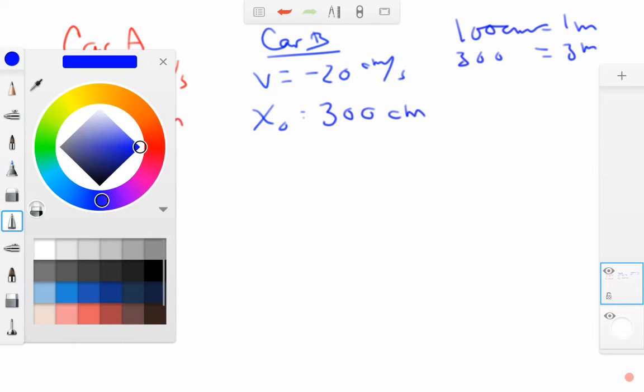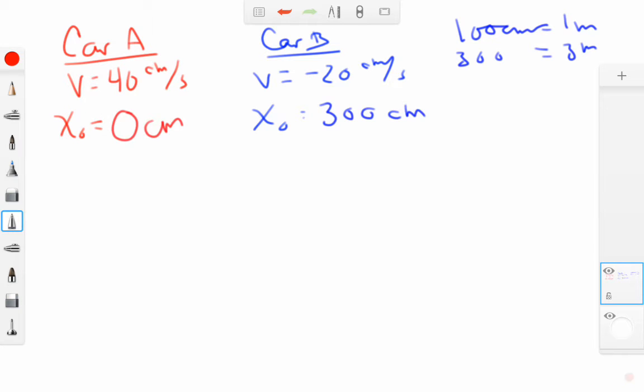We're going to use this information to write general equations of motion for each car. Our general format for equations of motion is that the position equals velocity times time plus the initial position.